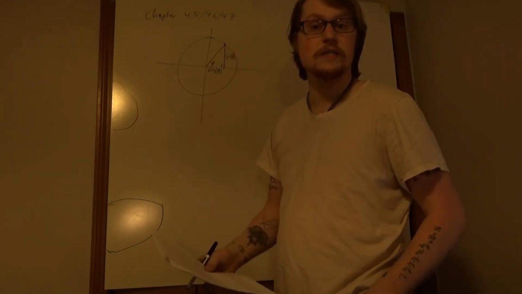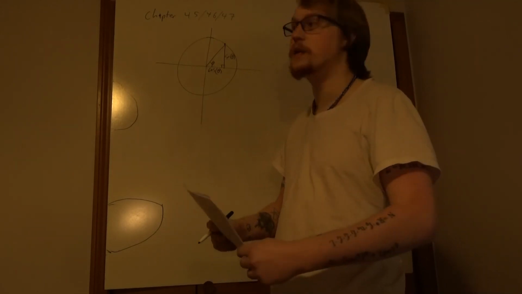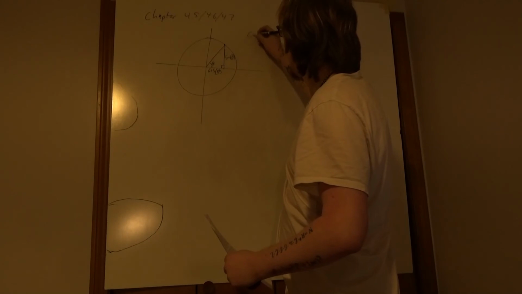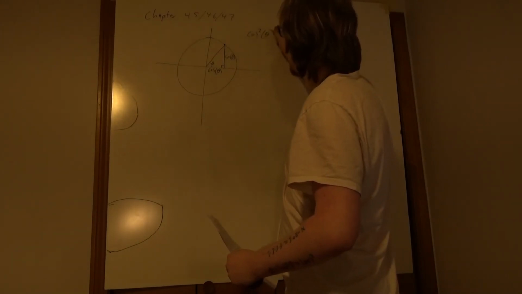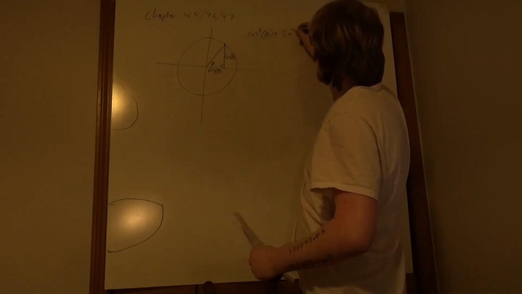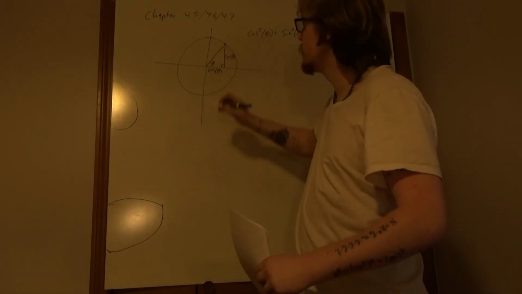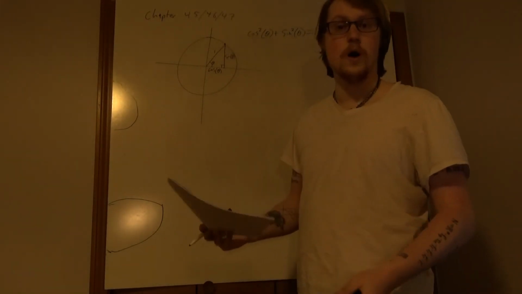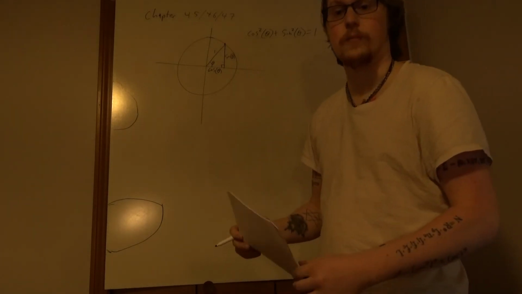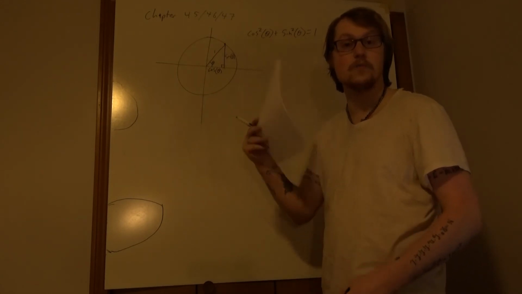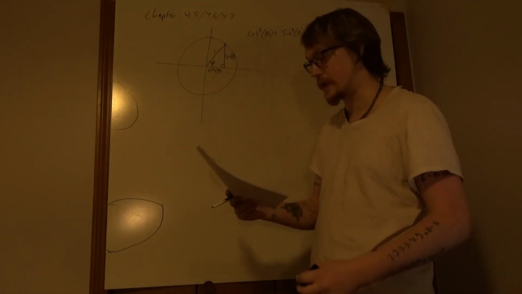So a really easy trig identity is that because we have the Pythagorean theorem, we know that cosine squared of theta plus sine squared of theta is going to be 1, because hypotenuse is 1 and because Pythagorean theorem. So that's a really easy identity, and we are going to wind up using that later.